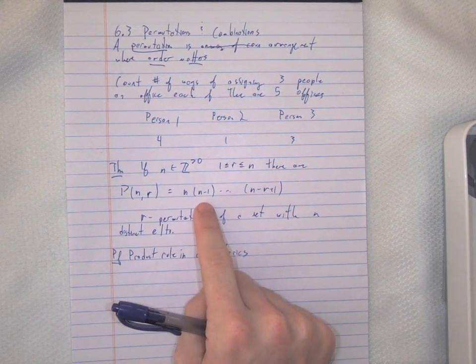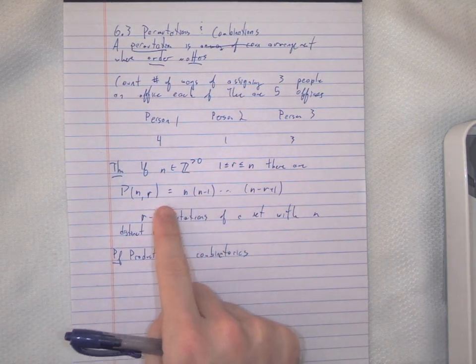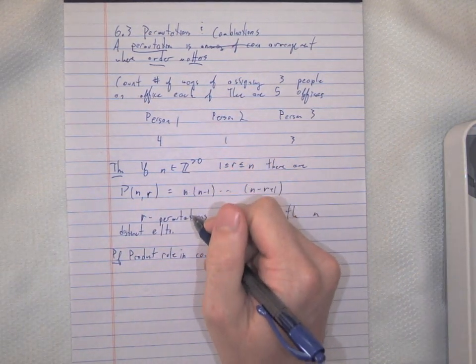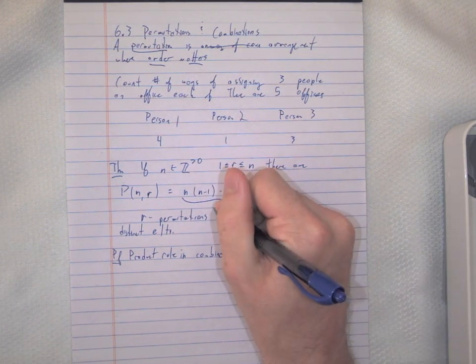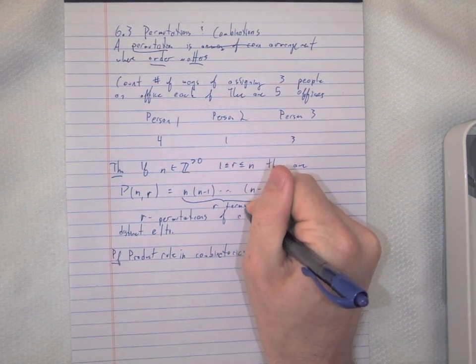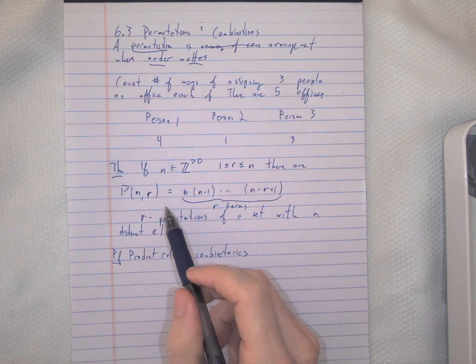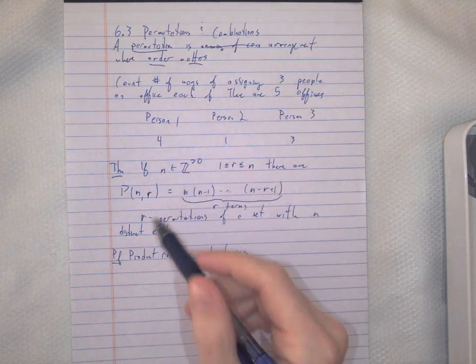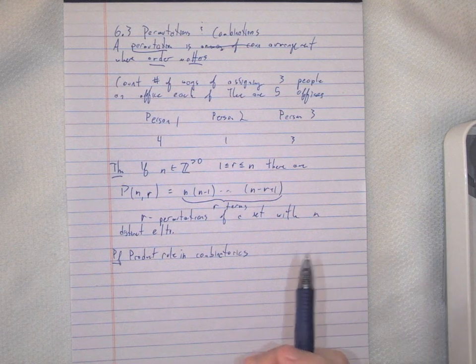Then how many choices are there for your second element? Well, n minus 1, and so on and so forth. So there are precisely r terms here. In particular, if I were looking for a 2-permutation of a set of size n, then I would have n choices for the first one and n minus 1 choices for the second one. Okay.